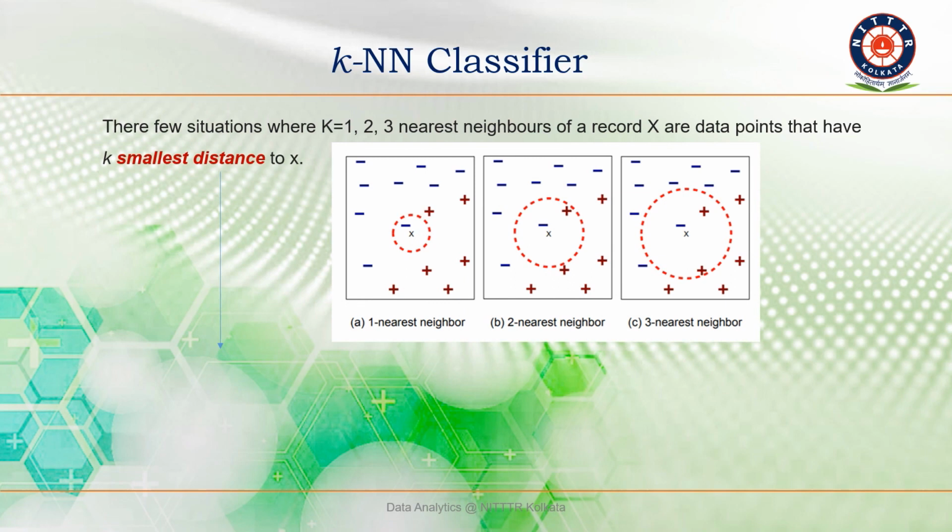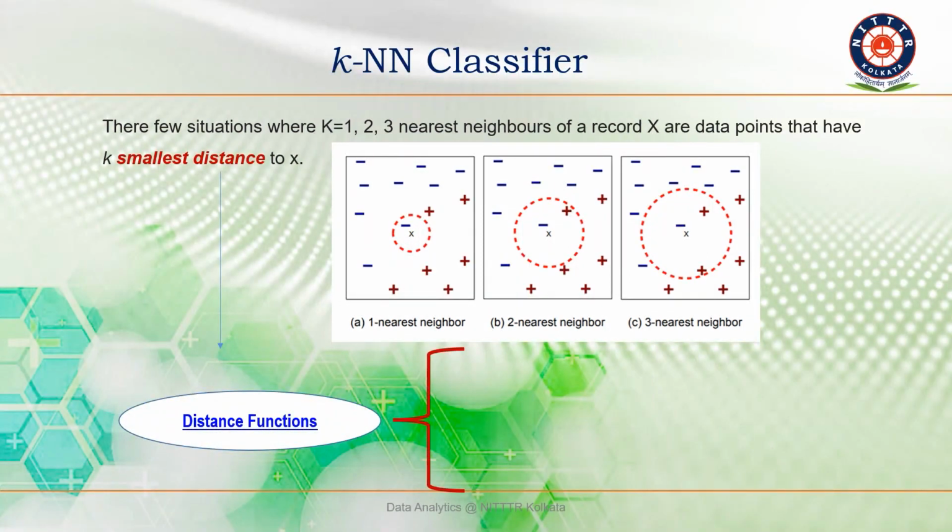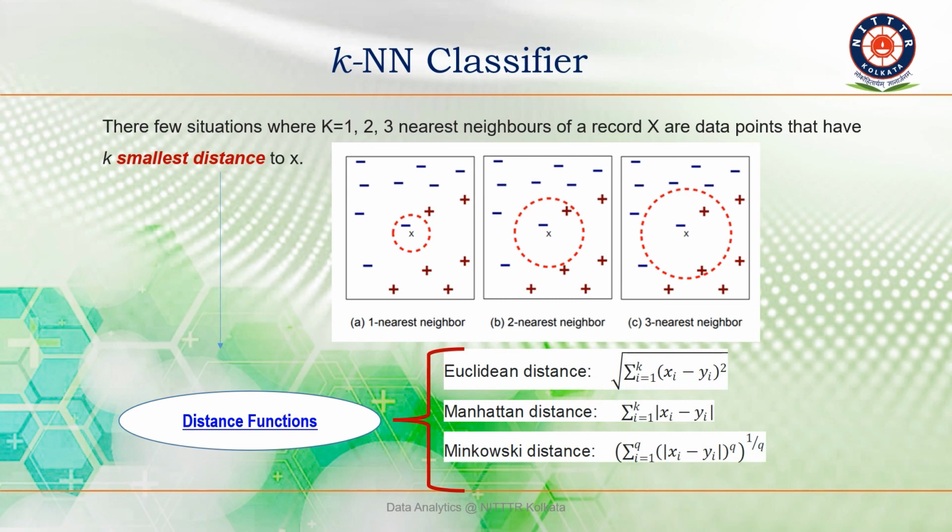So, we are basically interested in finding the smallest distance between k and x. We use different distance functions, like Euclidean distance, Manhattan distance, Minkowski's distance, but amongst all, Euclidean distance is found to be the more applicable.